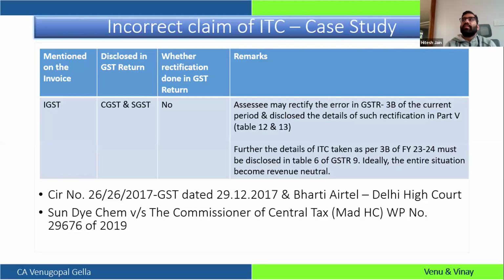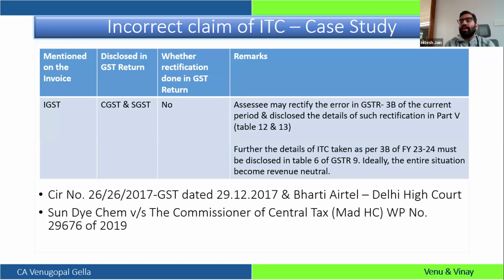That will create some difference in table 6, and since we have corrected the errors in our subsequent period returns, the reversal of CGST and SGST ITC will be reported in table 12, and availment of IGST ITC in the subsequent period will be reported in table 13.